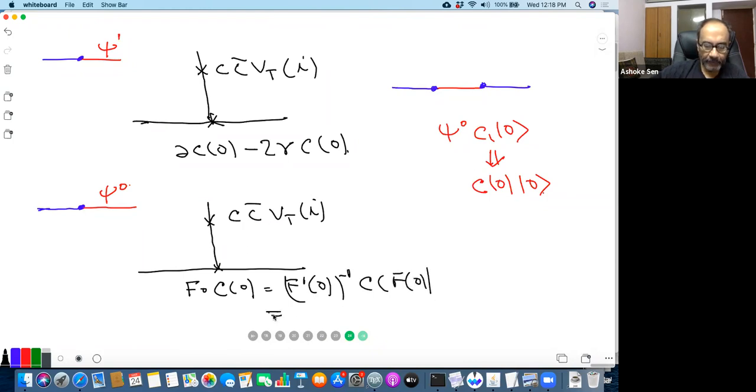And in this case, f prime of 0 inverse is basically lambda times C of 0. It will become clear soon why we are doing this. So let's compare this diagram with this diagram. This one doesn't contribute anyway, right? Del C of 0 doesn't contribute anyway.